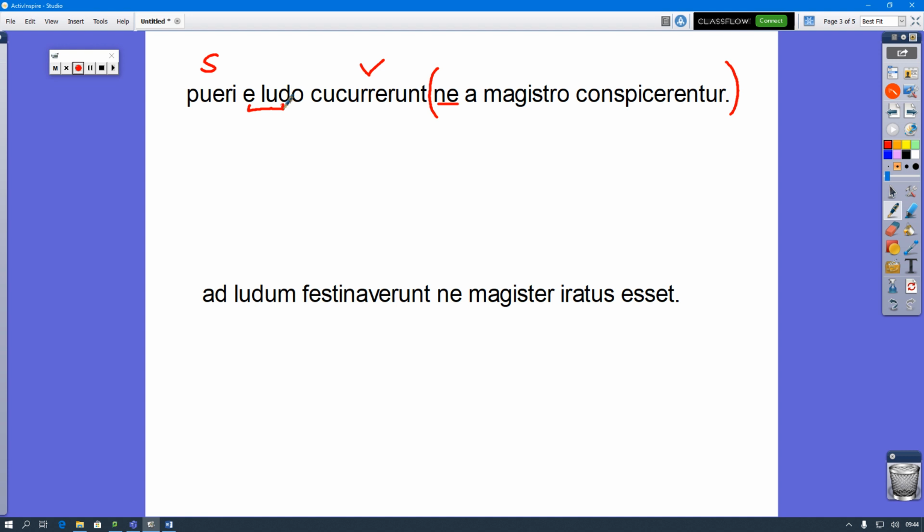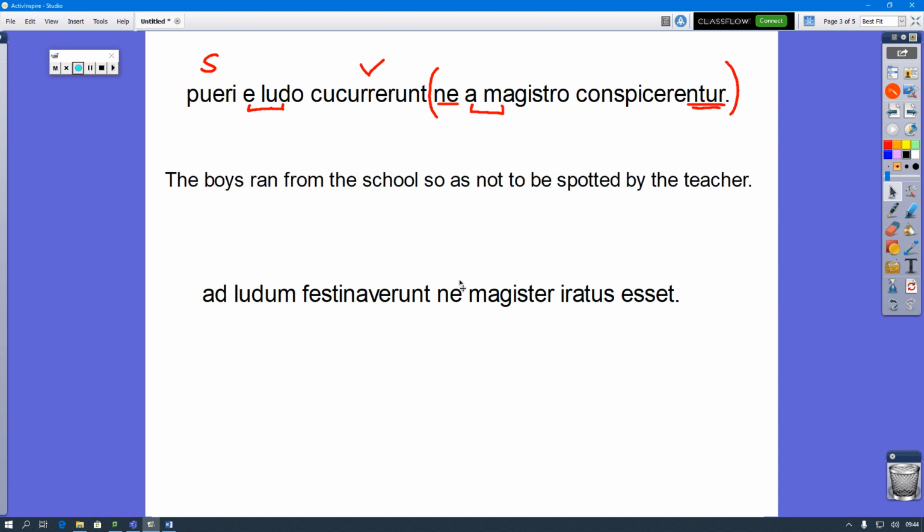Now, the second part of the sentence is a little bit harder. For a start, I've noticed I've got a passive verb, which is why I've got a magistro, by the teacher. So the easiest way of translating this is going to be the boys ran from the school so as not to be spotted by the teacher.